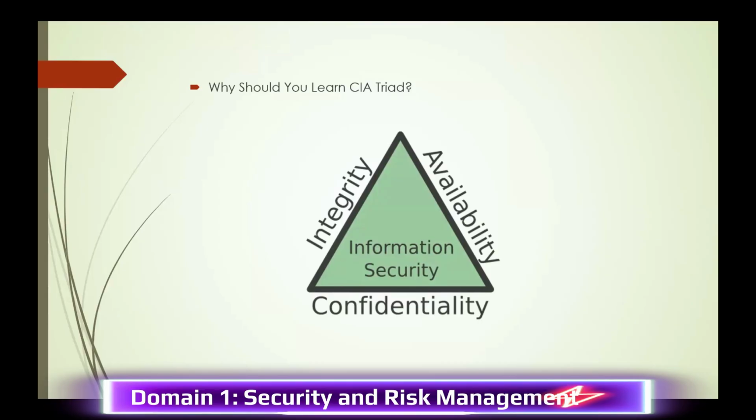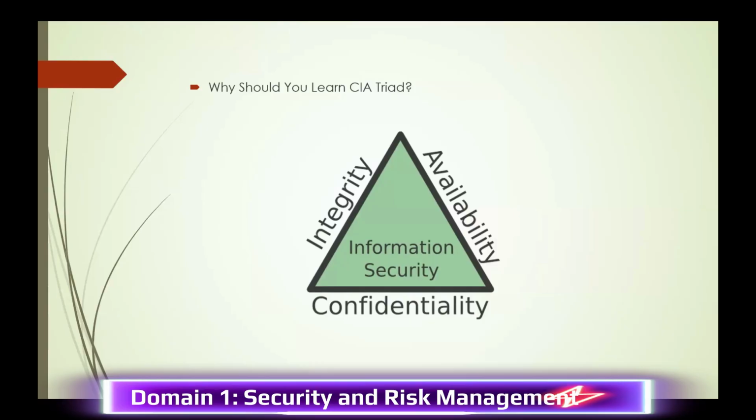Whenever a security incident happens, even a small malware which affected your computer, one of these three principles is actually affected. Either it can be availability of the data or the systems or the services, or there could be an integrity concern or a confidentiality issue.